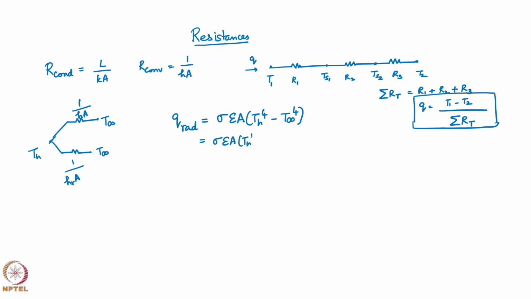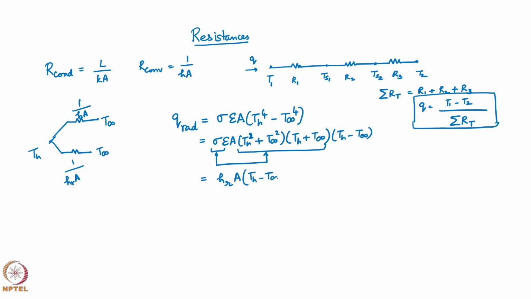So, Th squared plus T infinity squared, a squared minus b squared, a plus b into a minus b, this one. This will be Th minus T infinity, and we will group all these terms together and we will call it hR into A into Th minus T infinity, which will essentially put this in the form like our convective heat transfer.